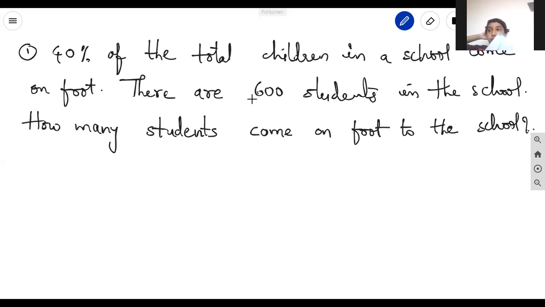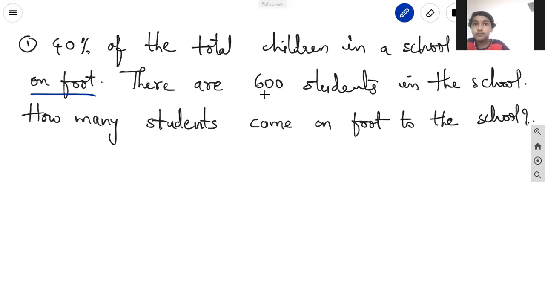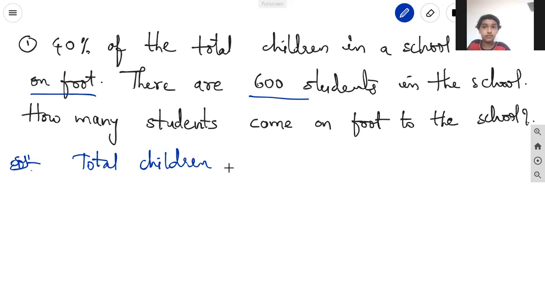The word problems on percentage. The first question is: 40% of the total children in a school come on foot. There are 600 students. In this, how many come on foot? Total children in a school equal to 600 students.